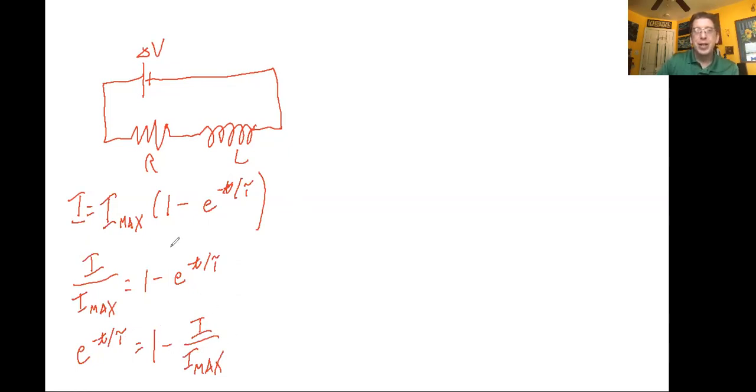But so for part A, 1 minus I over I max is equal to 5.0%. So you want to get within 5% of the maximum value. So basically you want to get to 95% of the maximum value.